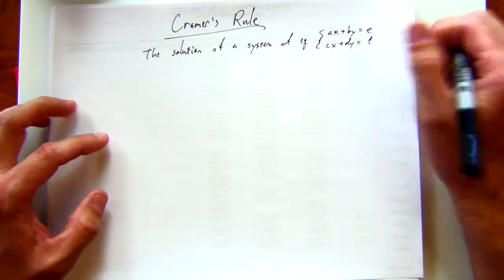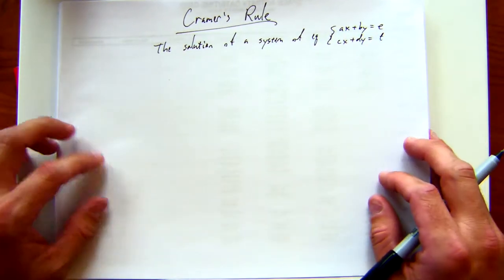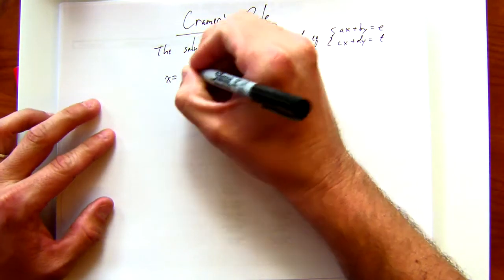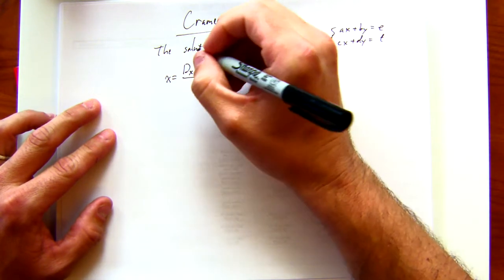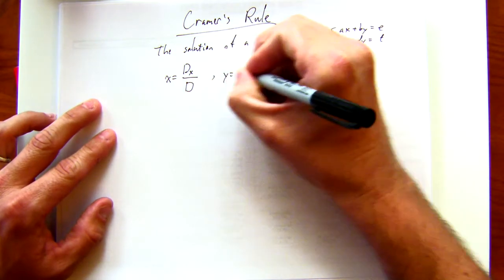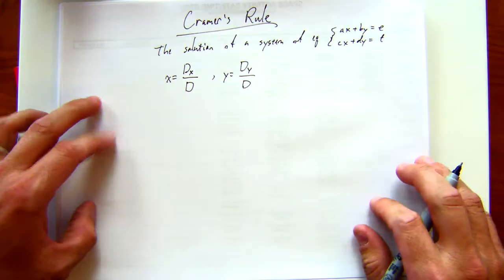I'm just using these to develop the rule, and then we'll do an example. So the solution is given by x is equal to determinant sub x, or big D sub x, over big D, and y is equal to big D sub y over big D.